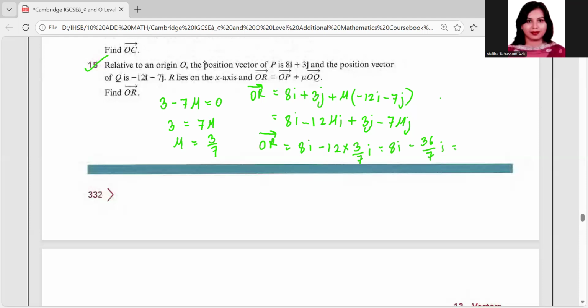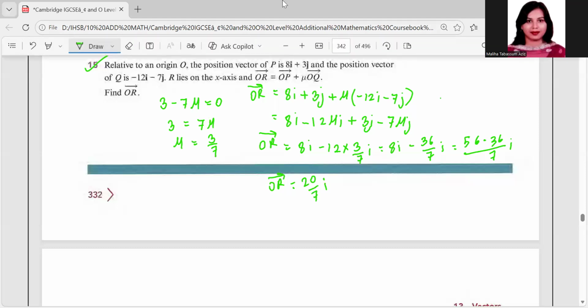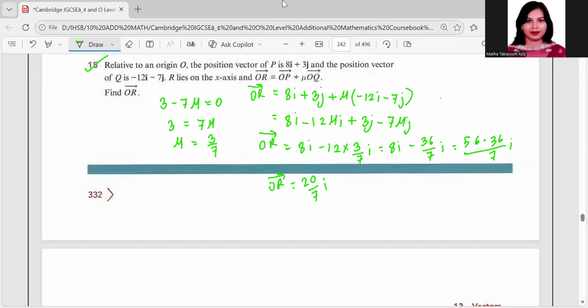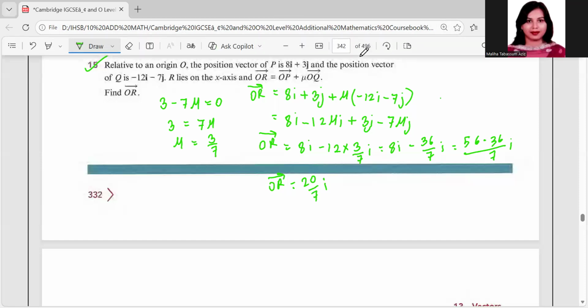After simplifying, we are getting 56 minus 36 over 7 i, which is 20 by 7 i. So vector OR will be equal to 20 by 7 i, and the coefficient of j will be equal to 0 because the point R lies on the x-axis.